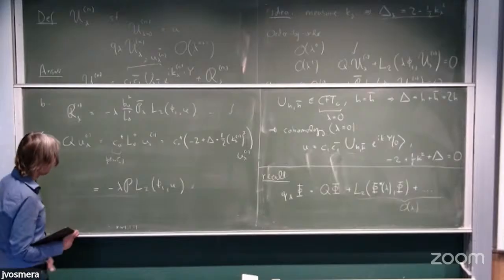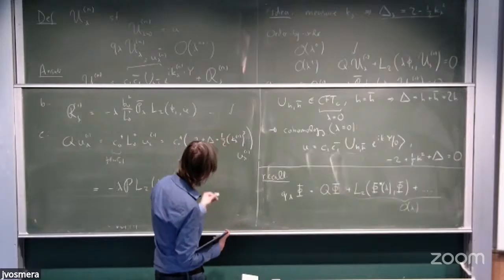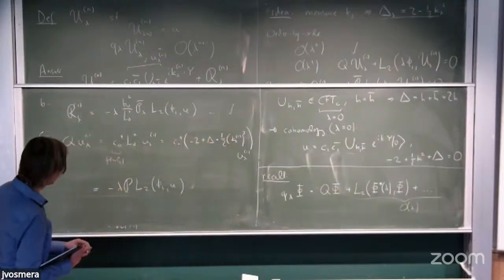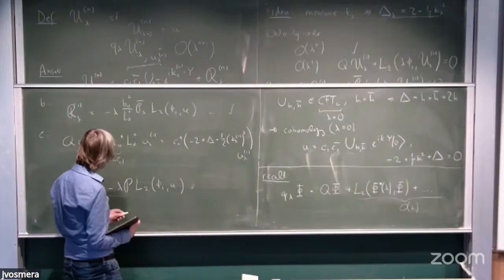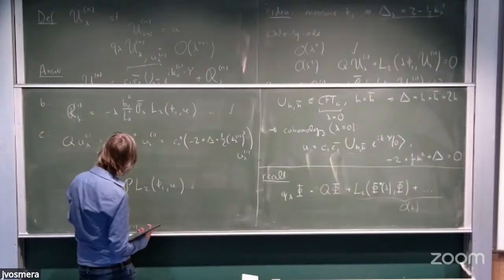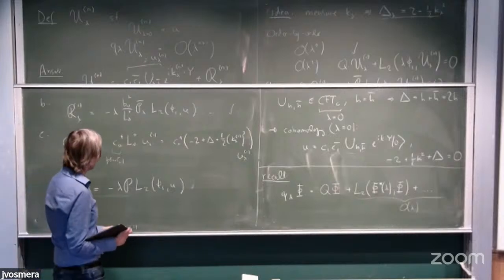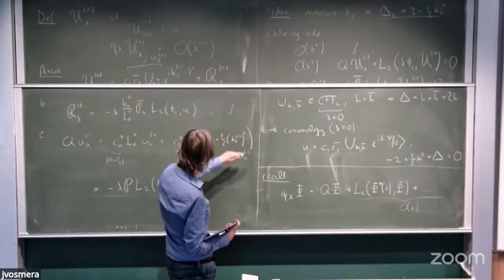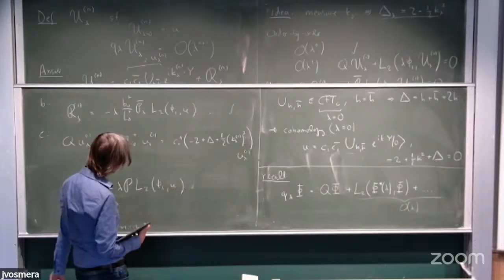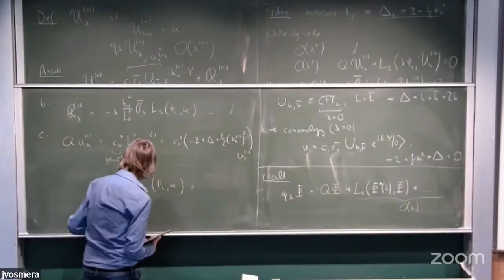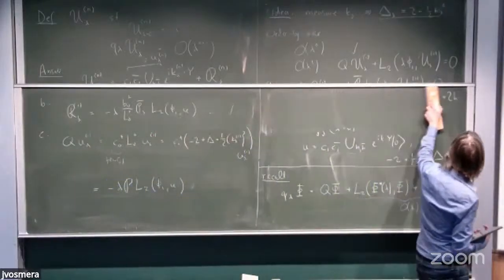So in order to compensate for this being non-zero, I have to change this momentum k to be a little bit different than the momentum k which we are starting with. And now you see that we can actually test this equation, take an overlap of this equation against some suitable state to actually compute this k lambda 1, because we already know what phi 1 is and we know what u is. That is precisely the way we get this k lambda 1, and then in turn also the deformed scaling dimension.